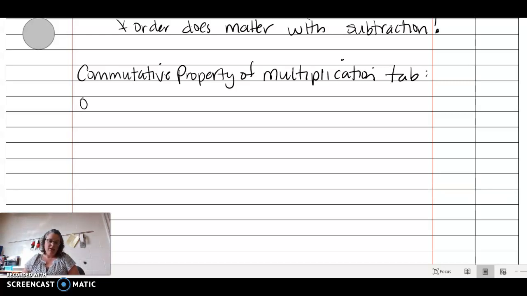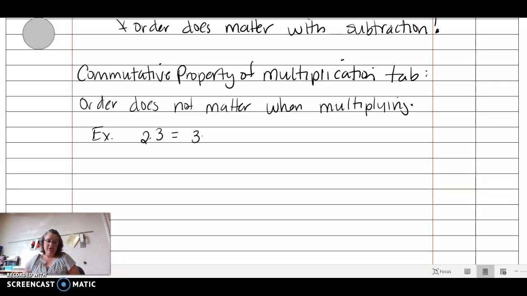So with this one, order does not matter when multiplying. For example, I use this one a lot. 2 times 3, is that the same thing as 3 times 2? Yep. Both of them you do get 6. If I give us the problem some number a times b, is that the same thing as b times a? Always? Yep. No matter what.